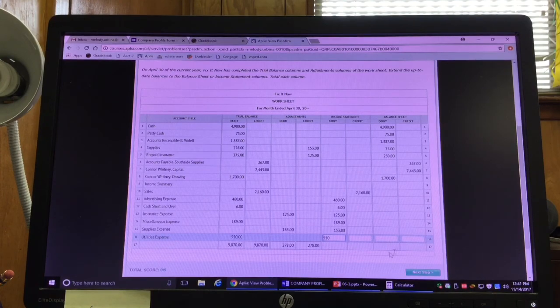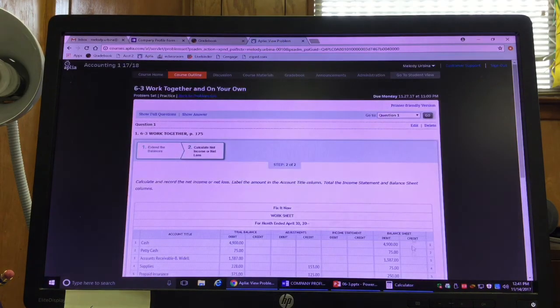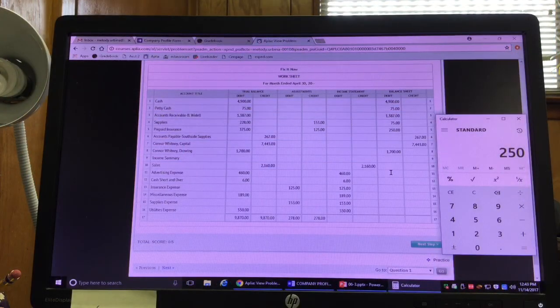The next step is to total and rule. So we need to add up each of the columns. We're adding up our debits and credits on the income statement and the balance sheet. I'm just going to work left to right.